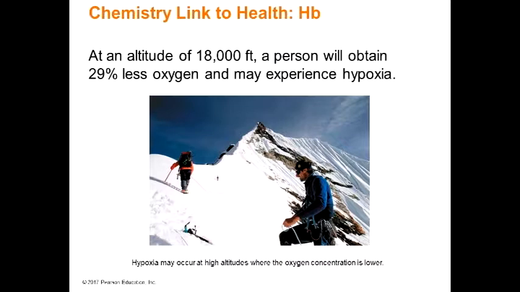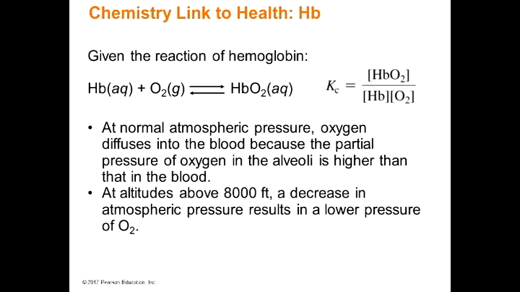So hypoxemia is pretty common when you reach this, but it's a remarkable thing the body is adjusted to for those who live in the heights. They're used to that pressure against them. So here we have it. We write the Kc for this, and it's shown here. And you know how to do this now. Product over reactant. Normal atmospheric pressure, blood goes through.